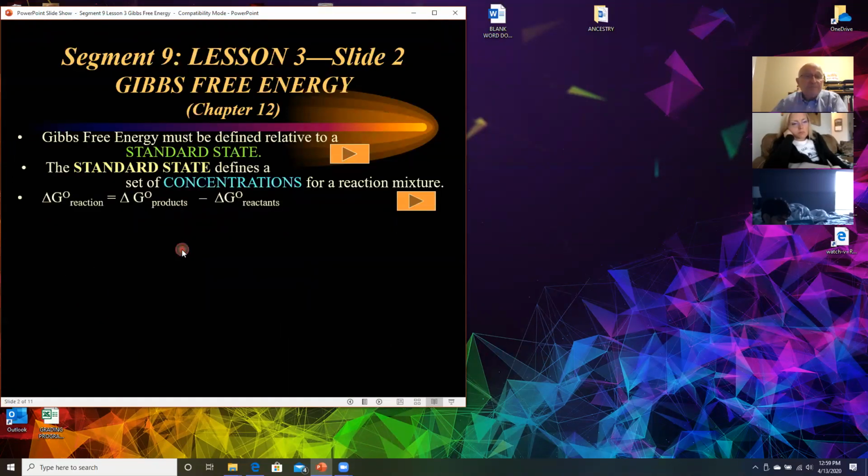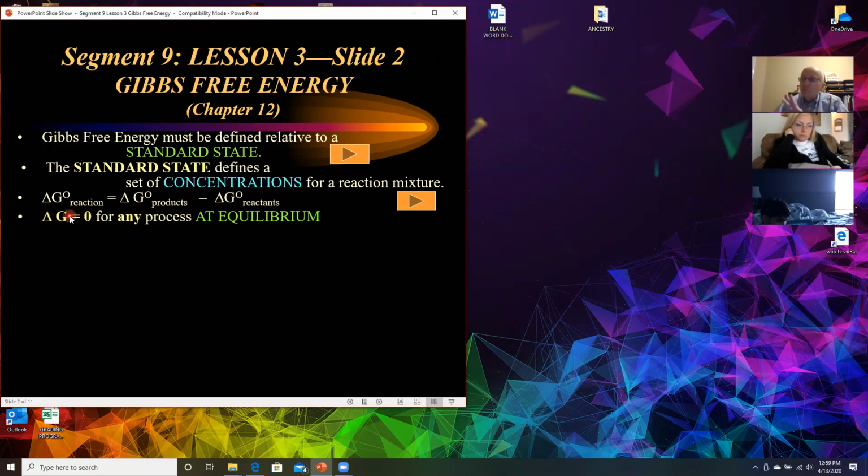All right, now, delta G is... I'm making a point here that's really subtle. You see these delta G's up here, they have little superscripts on them. That means the standard state value. This delta G doesn't have a superscript on it.